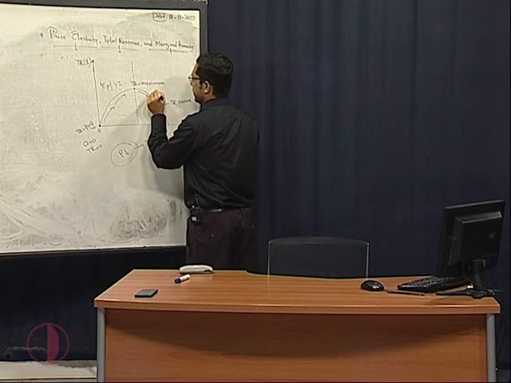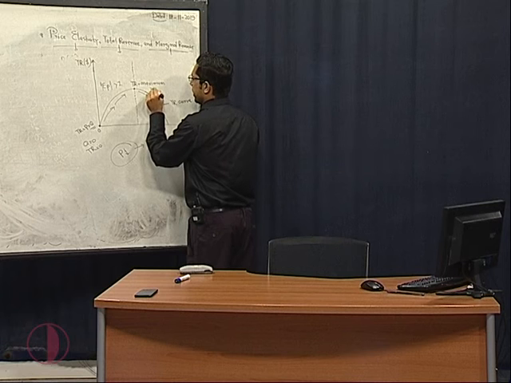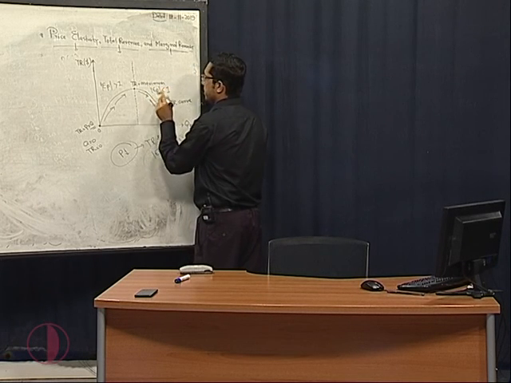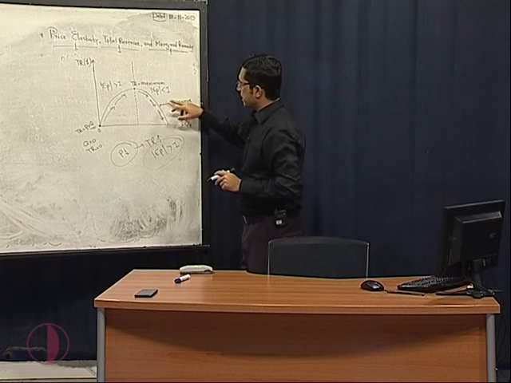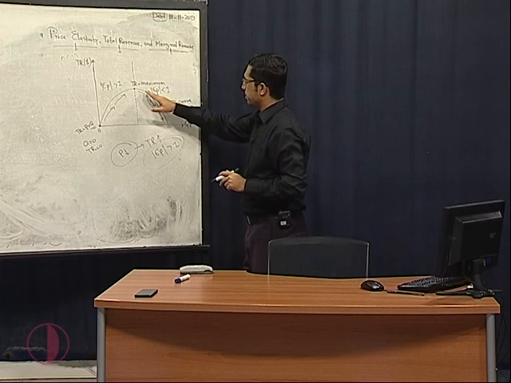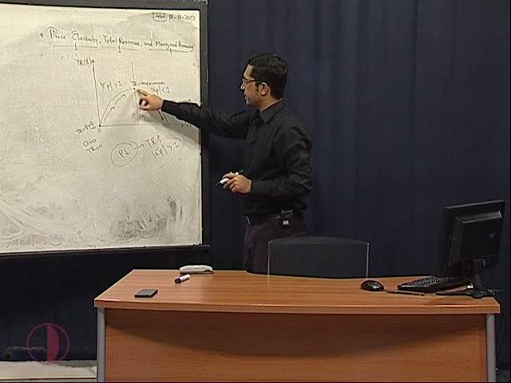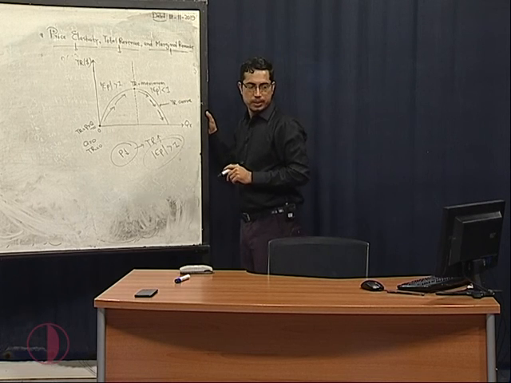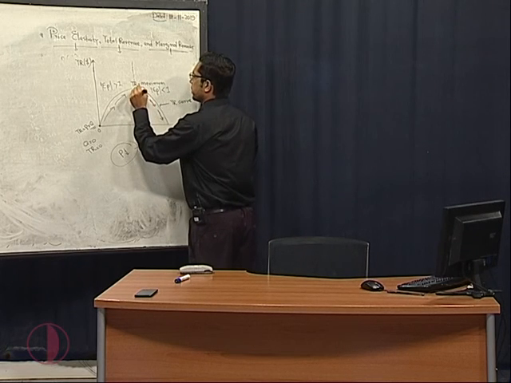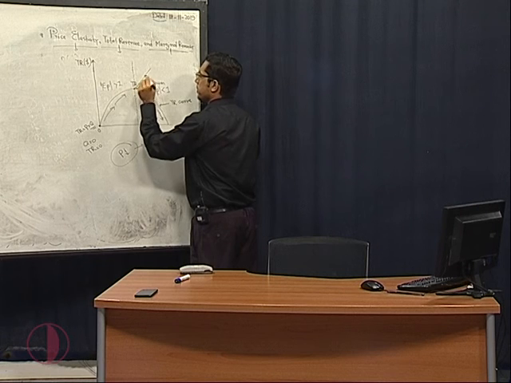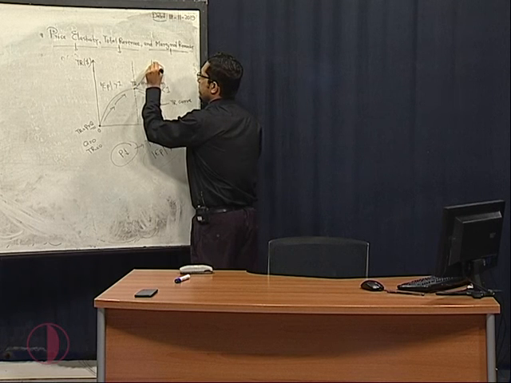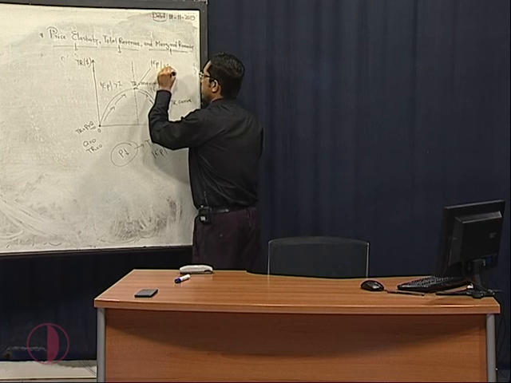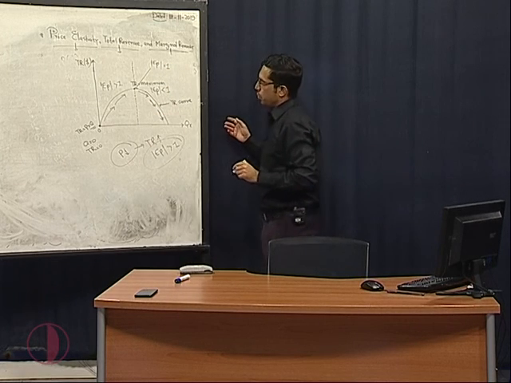In this region, the absolute value of the price elasticity of demand will be less than 1 because total revenue of the firm is decreasing after this point. However, at this point where total revenue is maximum, the absolute value of the price elasticity of demand is equal to 1.